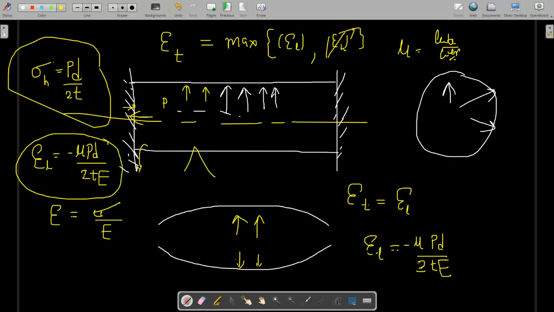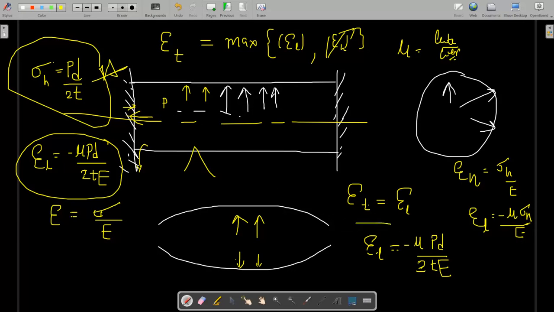First, let me write here, the hoop strain is the hoop stress by the modulus of elasticity, but when we go into the lateral direction, it is minus mu into hoop stress by the modulus of elasticity, and I have put the hoop stress value from here.